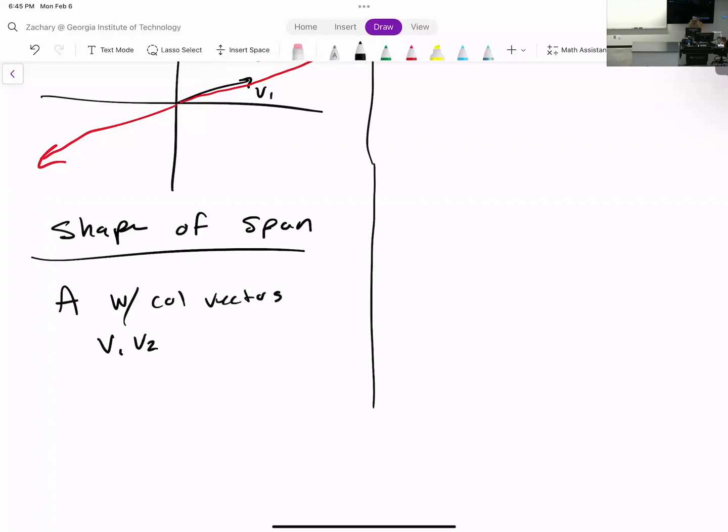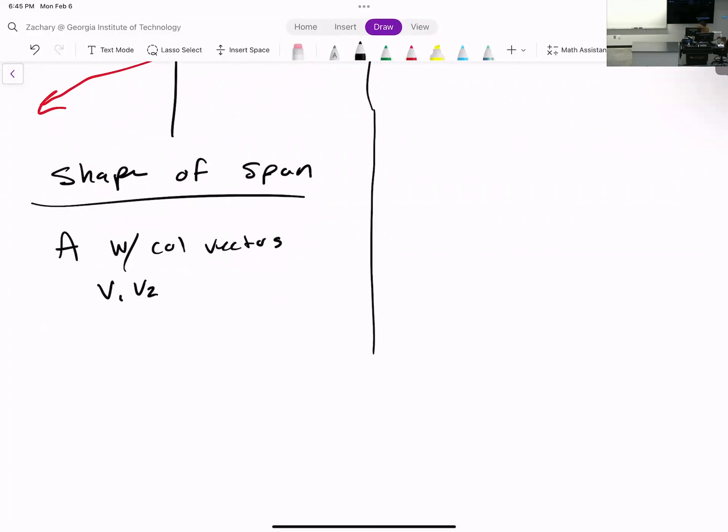Column vectors are just the columns as vectors, you just slap parentheses around them. The shape will always be R to the number of pivots in R to the number of rows, okay?